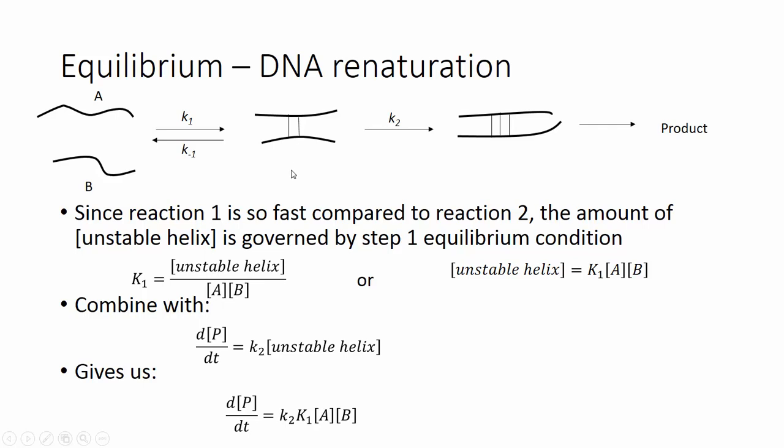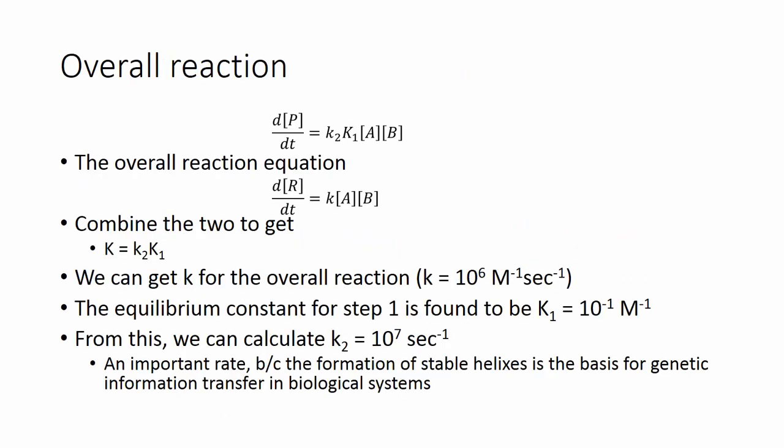Our equilibrium equation is K1 equals unstable helix divided by the concentrations of A and B, or rearranged, the concentration of unstable helix is equal to K1 times A times B. We can combine this with the dP/dt equation with K2 multiplied by the concentration of unstable helix to give this new equation: dP/dt is equal to small k2 times big K1 multiplied by the concentration of A multiplied by the concentration of B. Okay, so we have that reaction equation.